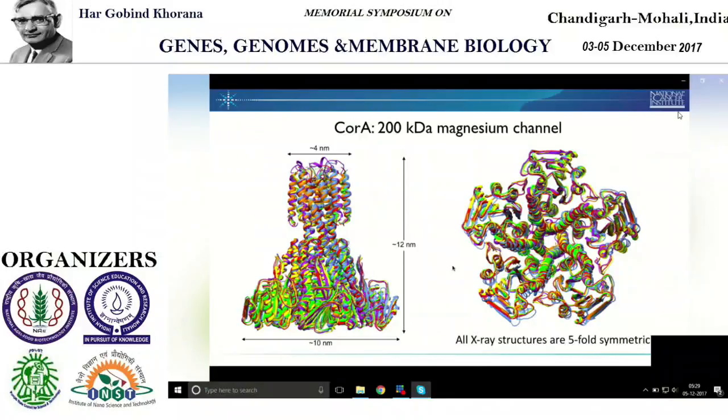In similar studies, we worked recently on an ion channel that transports magnesium. This is a prokaryotic ion channel. It's called CorA. And this is work we did with Eduardo Perozo at the University of Chicago. The reason we were interested in this ion channel is because crystallographic studies had shown for several years that the structure of the protein was independent of the presence of magnesium.